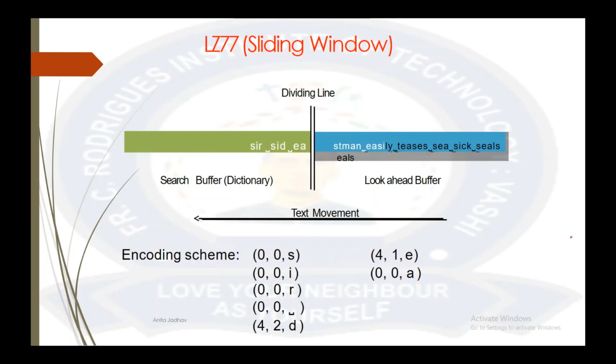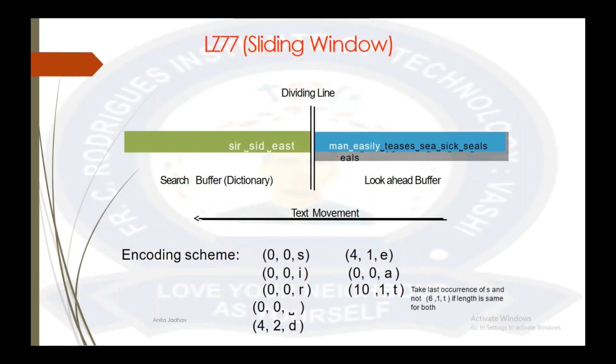Sorry, what is the position you have? 1, 2, 3, 4, 5, 6 and 7, 8, 9, 10. So you have it at the 10th position. Whenever you have a tie, that you have it at multiple positions, you will always prefer to take the longest offset. Wherever it is, it should be far away from your dividing line.